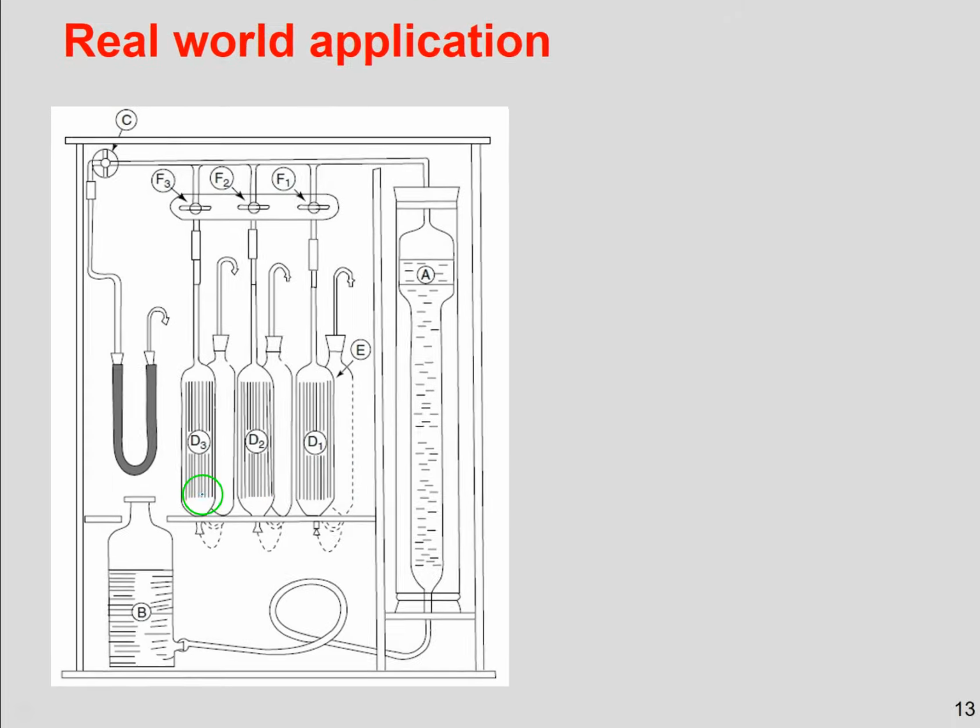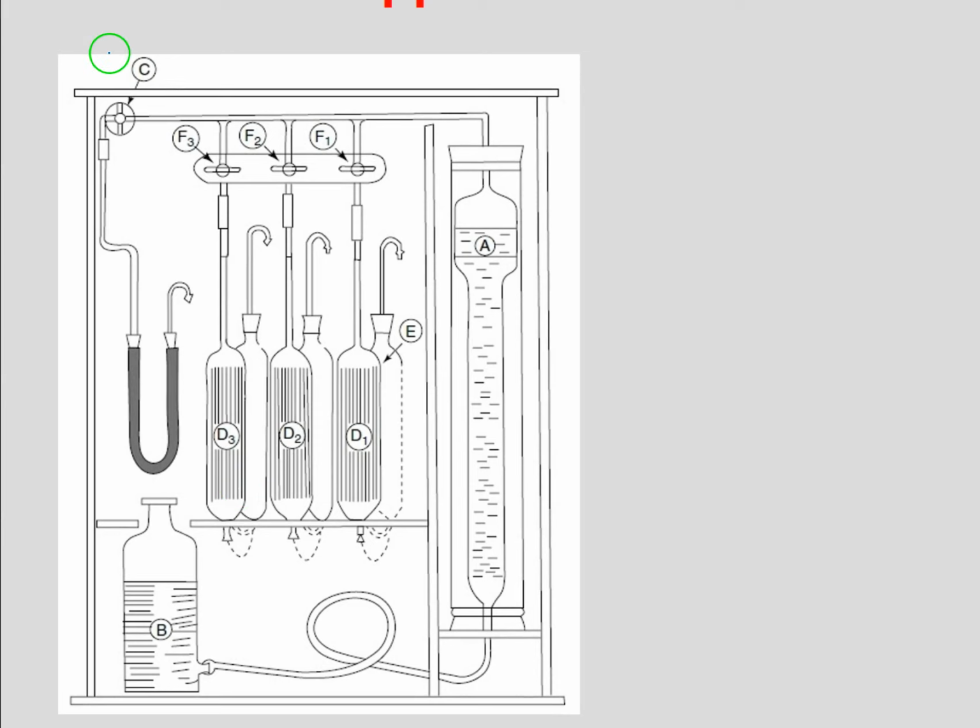So in this first one, we are having a mixture that has CO2 plus O2 plus CO plus a bunch of other things. When this apparatus was invented in the 19th century, we would like to capture CO2, O2, and CO.